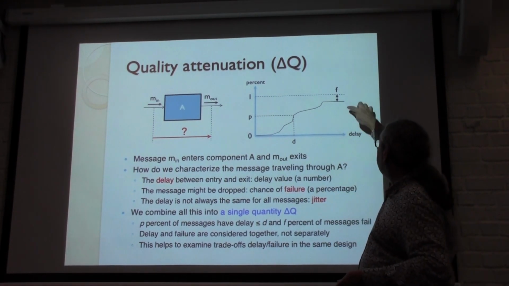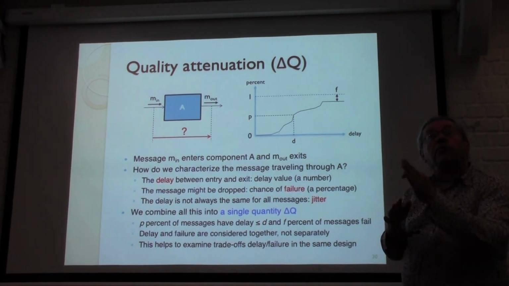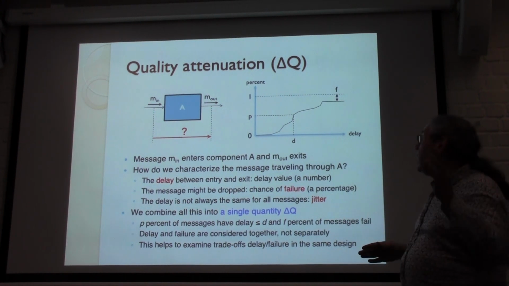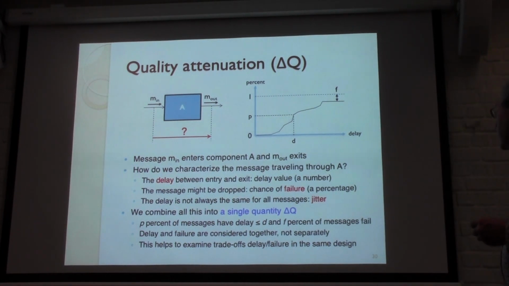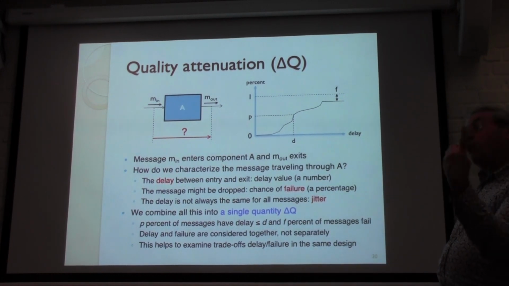There's also a chance of failure: the message might be dropped. And there's also jitter, meaning the delay is not always the same, it can vary. That's why it's a probabilistic function and not constant. And all three things are in one quantity, so it's like one variable.